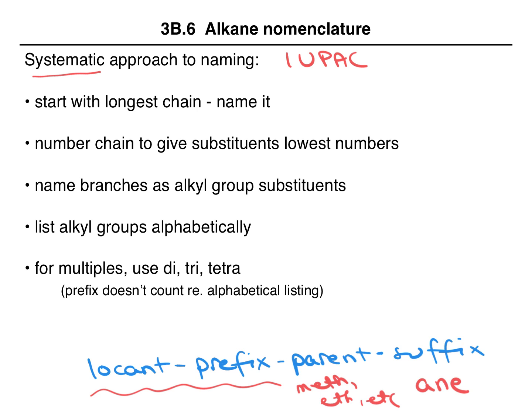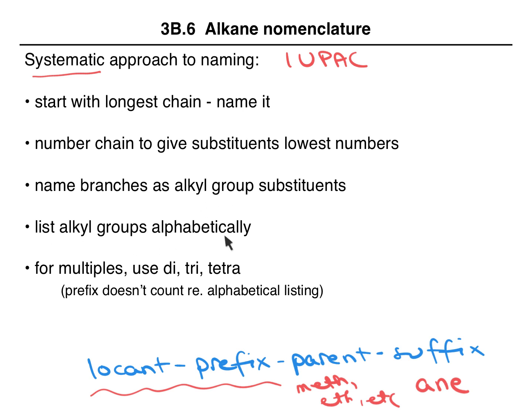So to use the IUPAC approach, we are going to start with the longest chain and we are going to name it. Then we want to number the chain left to right, right to left, up to down, however it gives any substituents the lowest numbers possible. Then once we have identified our substituents or our branches, then we're going to name those branches as alkyl groups.